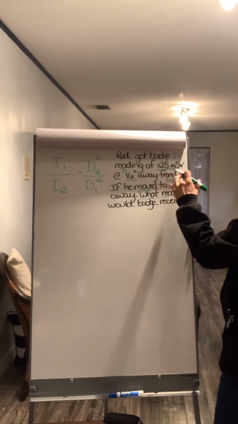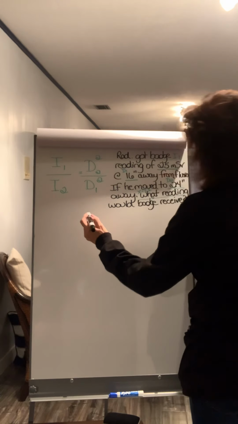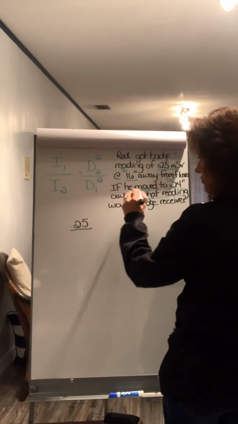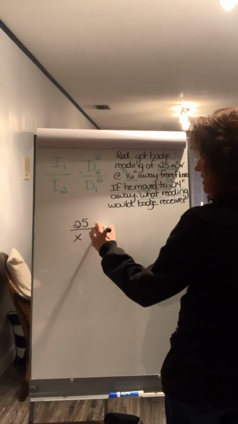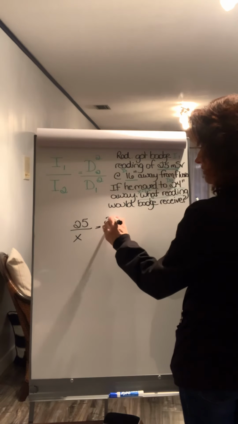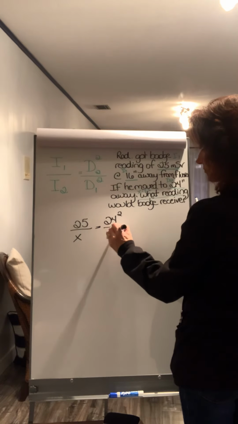So if you plug in the numbers, you get 25. Your I1 is 25 over your I2 is your X equals D2 squared. So it's 24 squared over 16 squared.